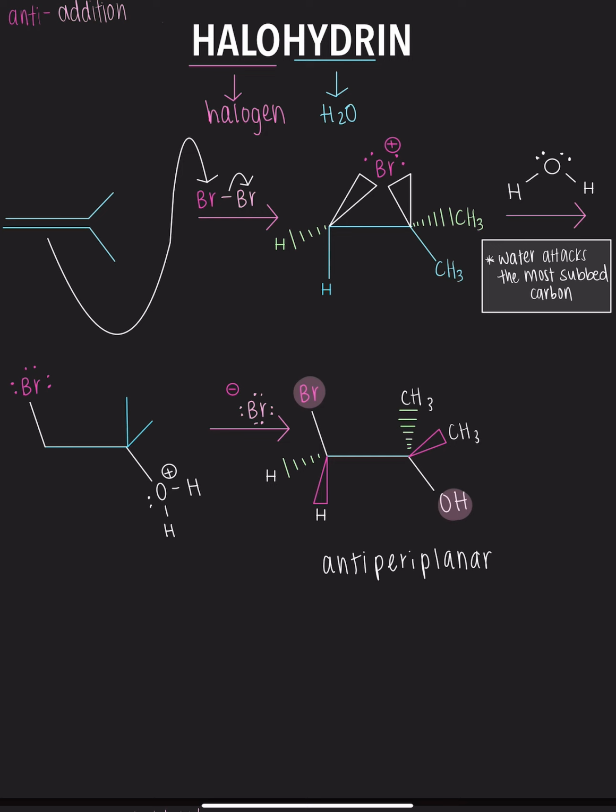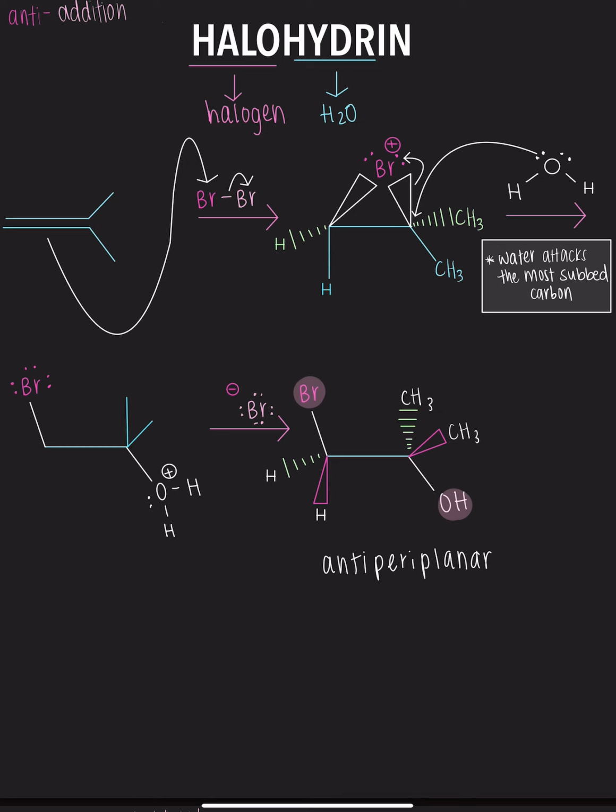Okay, so the water attacks, the electrons go to the bromine, and then what happens? Water attaches, but notice those electrons attached to that carbon, you are going to have a positive charge. 6 minus 5, positive 1. So if you don't know how to do formal charge, again, go check out that video. But it is important to write that you have a positive charge for the oxygen.